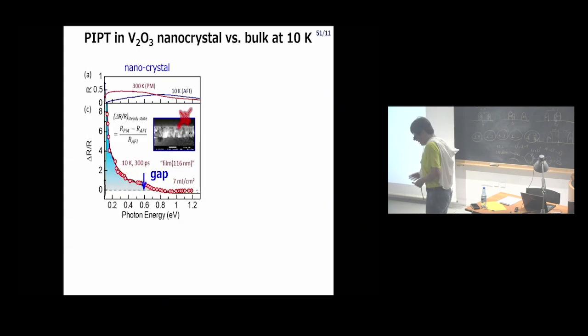Okay, the transient reflectivity shows that under the excitation of several millijoule per square centimeter, very big intensity, the 100% change of the insulator to metal transition occurs. The transient reflectivity spectrum is completely the same as the temperature difference spectrum. Okay, that is the first thing.